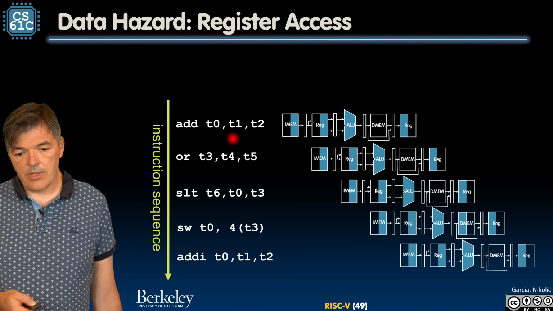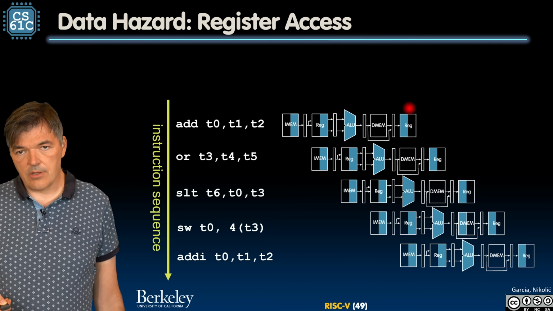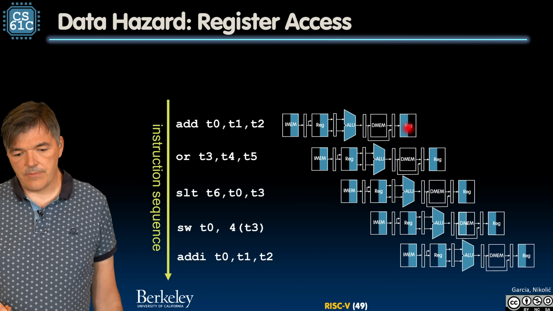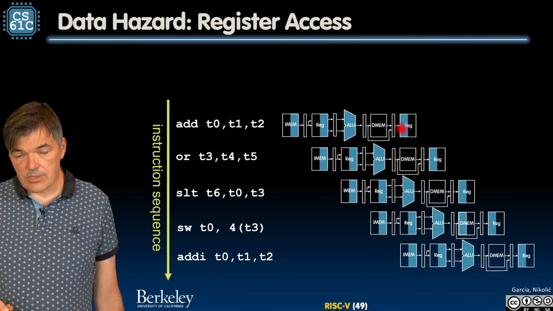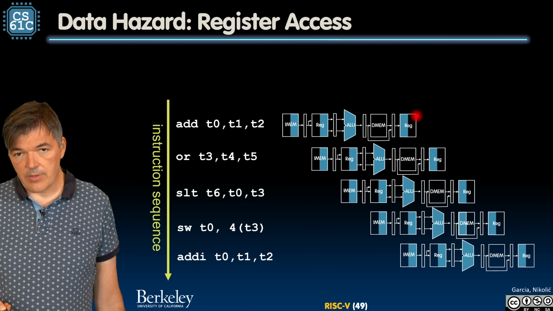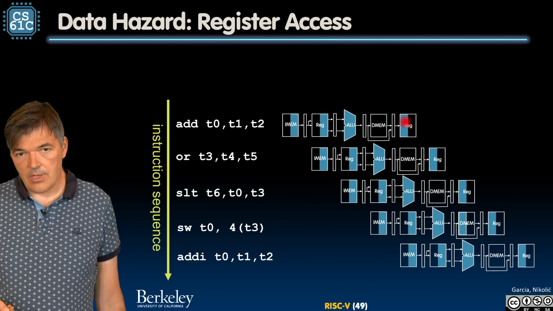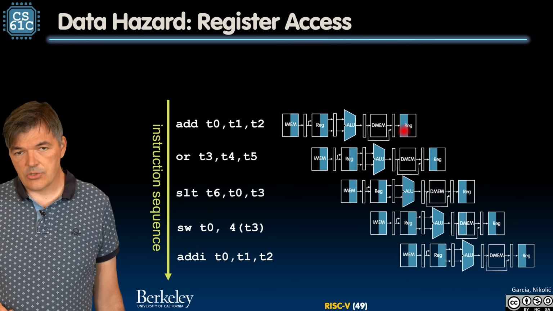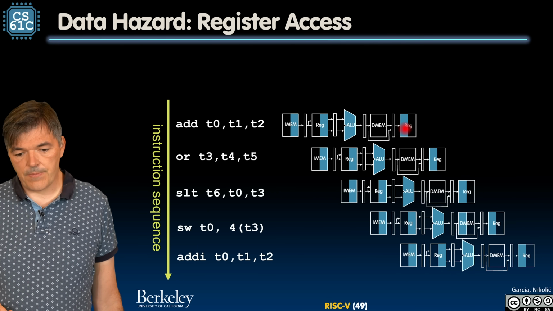That is going to happen during the write-back phase here when the register file is accessed. So the register file during the write-back phase is going to be accessed for writing. That's why it is shaded on the left-hand side.